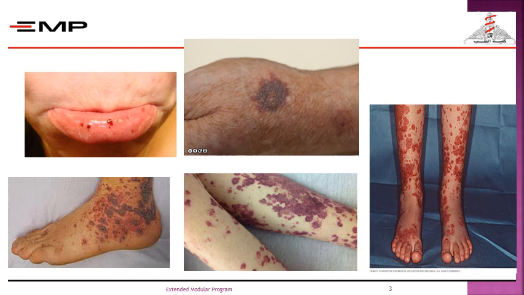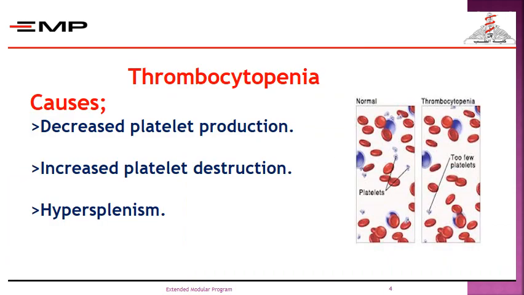This skin rash represents the purpuric eruption and petechiae, which we can find in patients with thrombocytopenia. It can be on the skin or on mucous membranes.